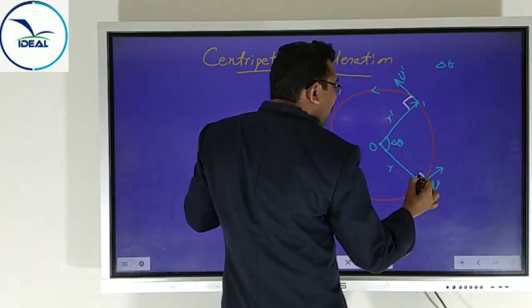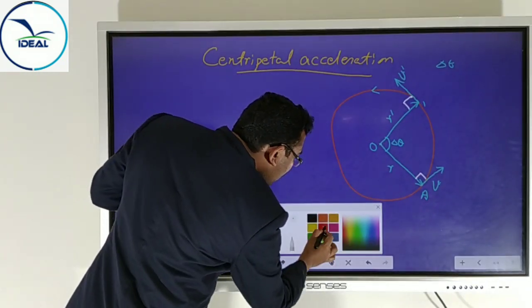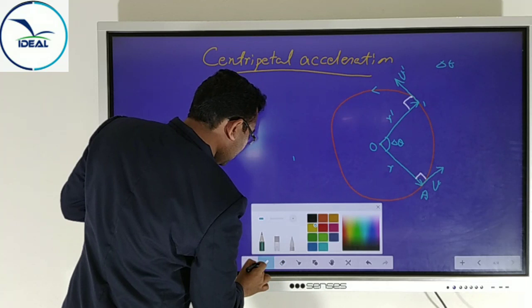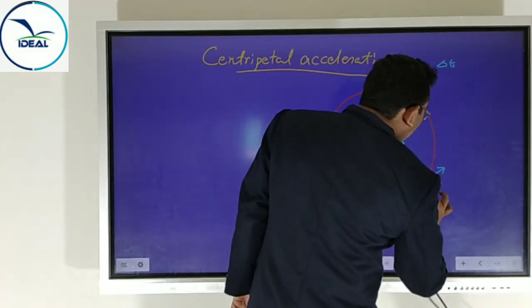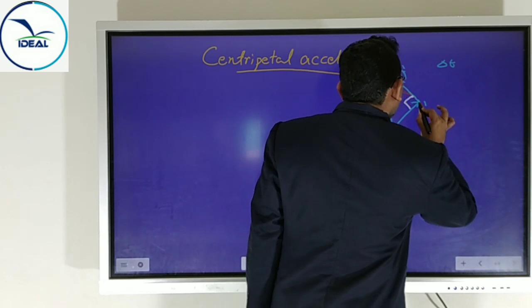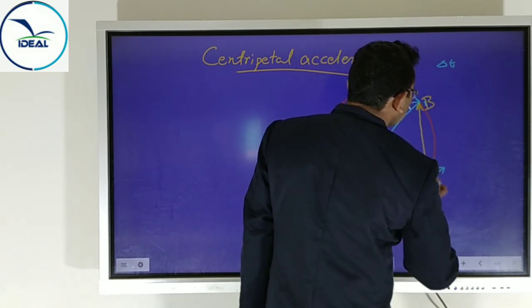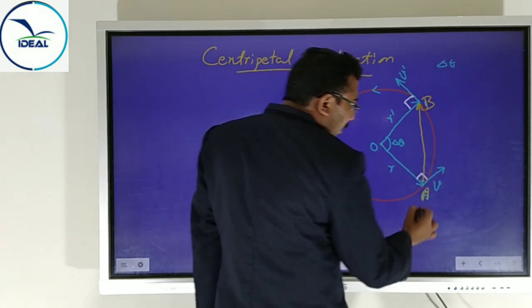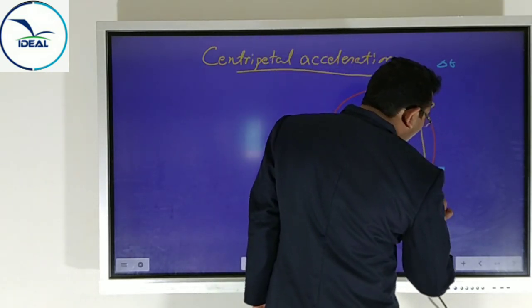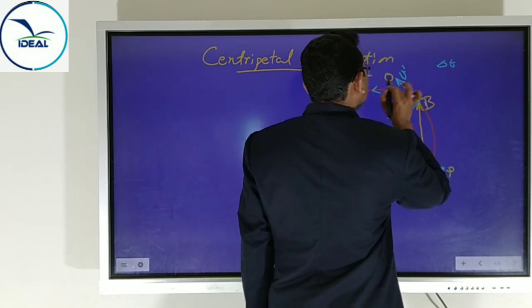Now, I draw a vector from A to B. This is B, this is A. We can put V equal to AP and V dash equal to BQ.